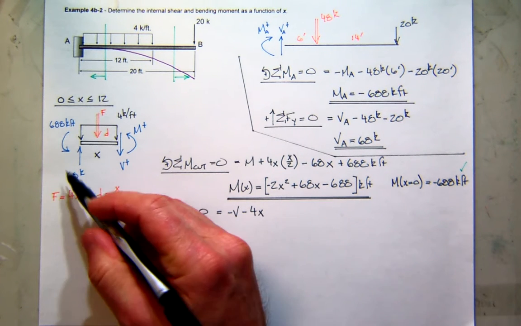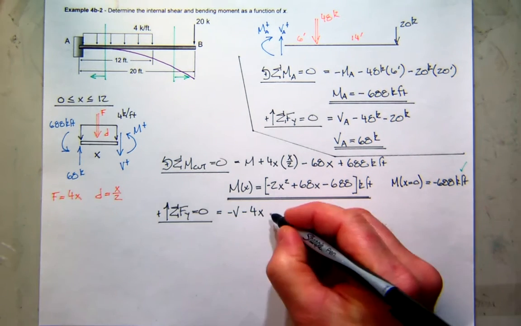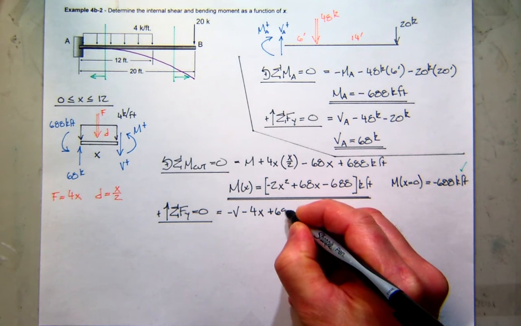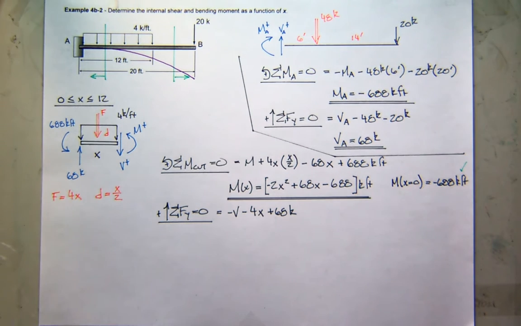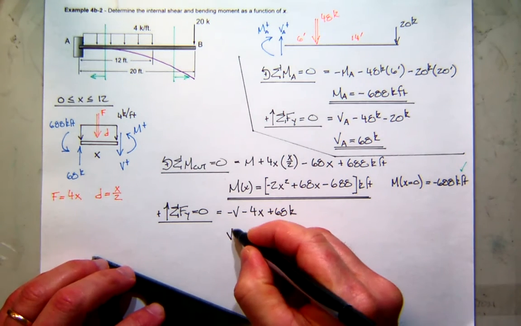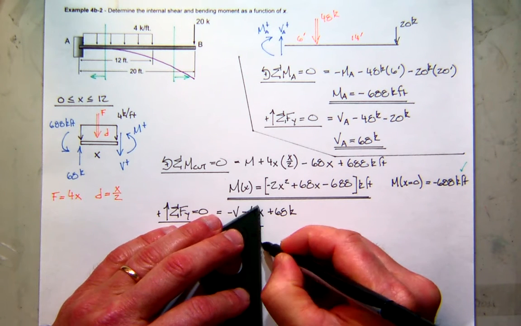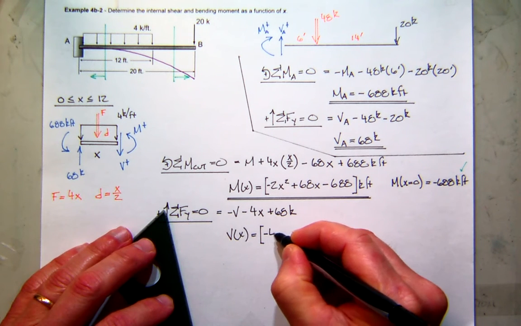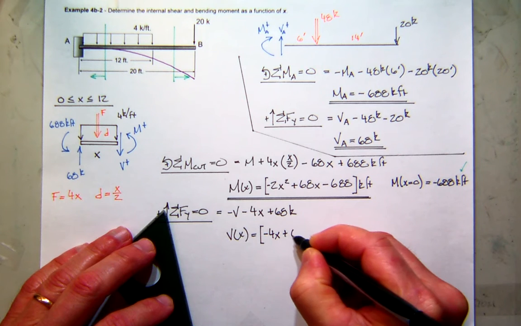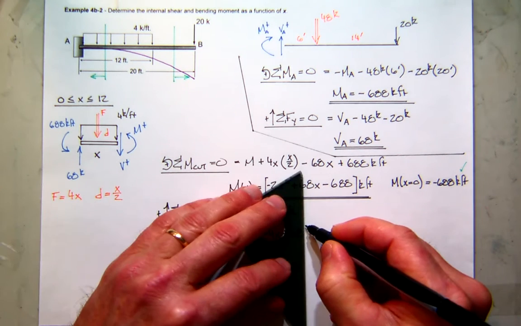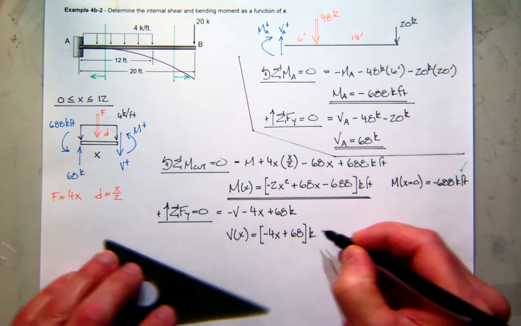And I got this 68 force acting up, so that's positive, and then it'll be plus 68. So I can solve for my shear as a function of x. And what do I get? I get minus 4x plus 68, and that should all have the units of kips.